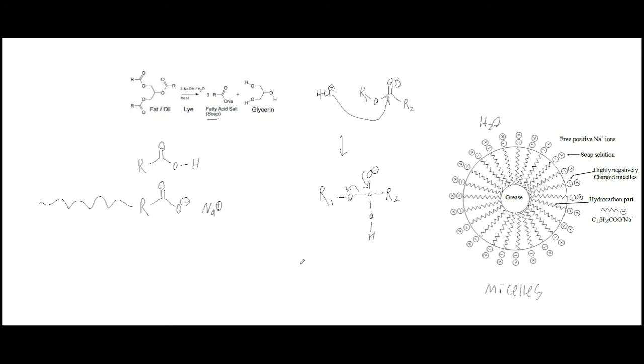And so we end up with our R1, which was our glycerol, so it'll grab a hydrogen from the solution. So you end up with your glycerol being freed up, and you end up with your fatty acid like this.